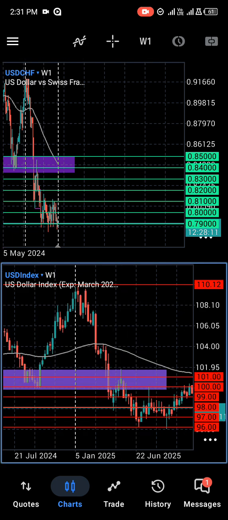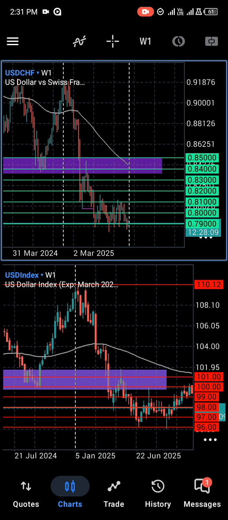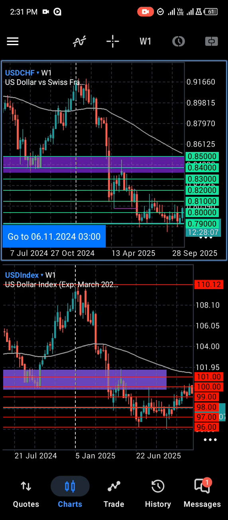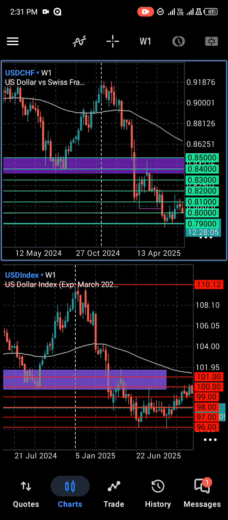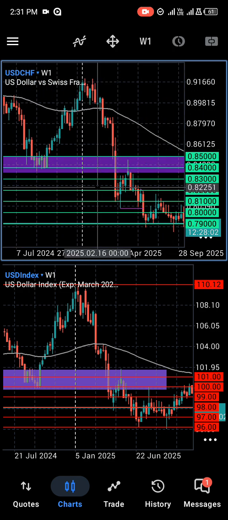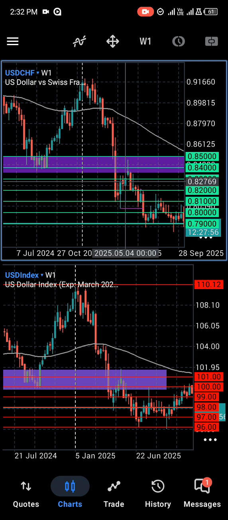On the USD CHF, after breaking the support, it becomes a resistance, and we can see we broke it with an impulsive candle, and later we went to retest that resistance.